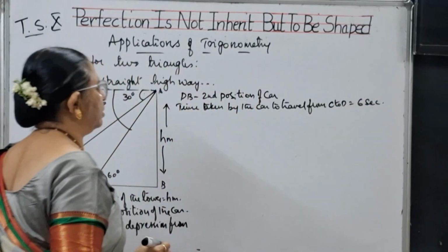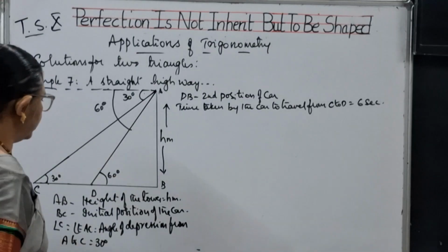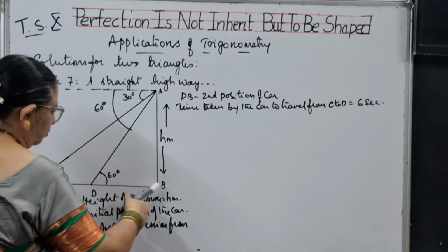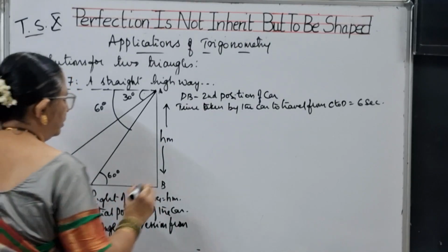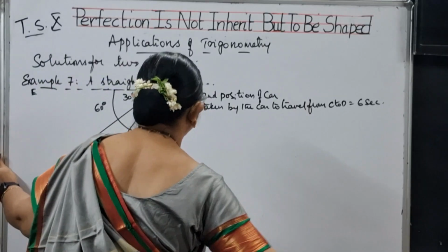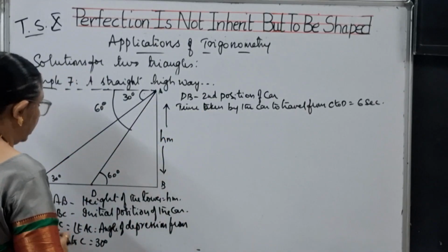They have given that time taken is 6 seconds. And also we have written about BC. Now DB, what is DB? Already I have written the second position of the car. I have written the time taken also. They have given that, I have written.